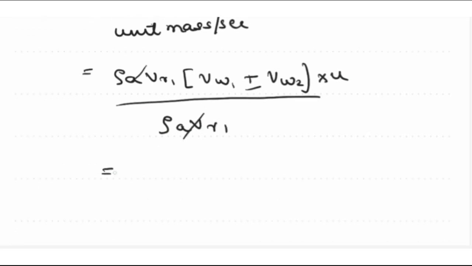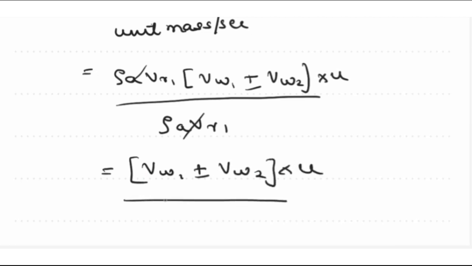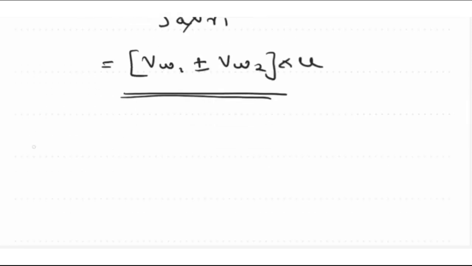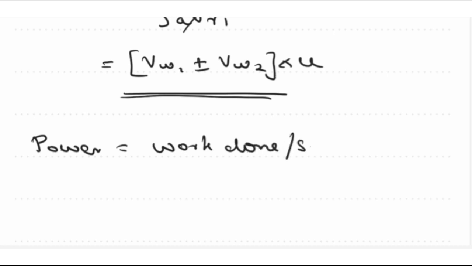So we will get the expression Vw1 plus or minus Vw2 into U. So what will be the power? Power is nothing but work done per second divided by 1000, we will get the power.